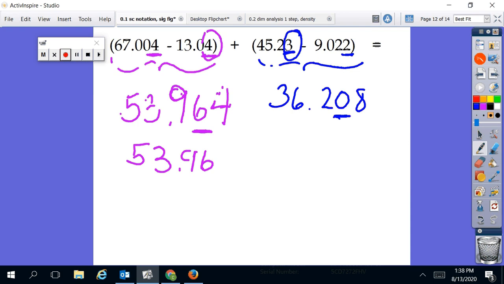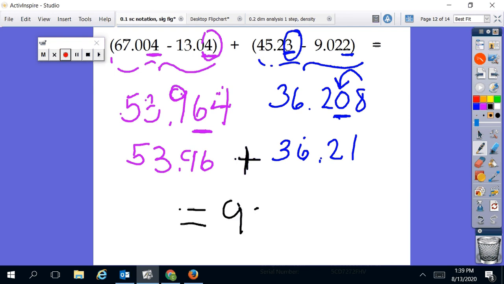I have to look at that next number, and since it's an 8, I have to round appropriately, so it's going to be 36.21. Now I've got to take both these numbers and add them together: 53.96 plus 36.21, and I get an answer of 90.17.